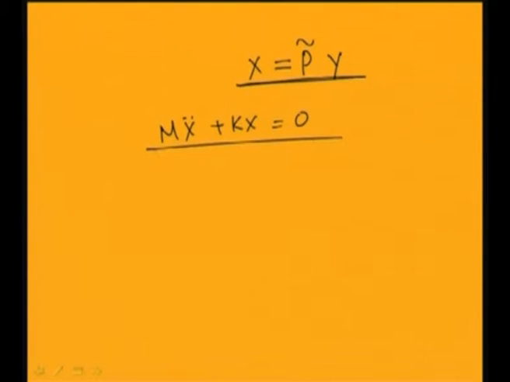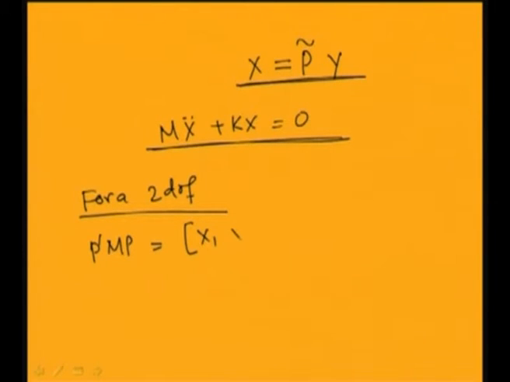Before decoupling, let us see some properties of the weighted modal matrix and the modal matrix. Let us see one example: for a 2 degrees of freedom system, let us find what P dash M P is. P dash M P will be equal to x1 x2 transpose, times M, times x1 x2.